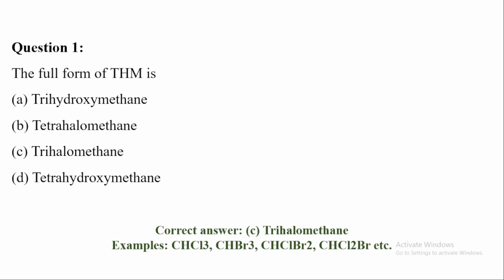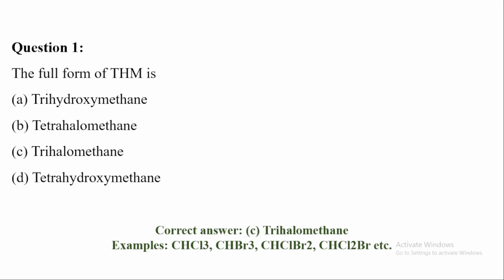Then it can be a hybrid also, with one kind of halogen and 2 of another kind. CHClBr2 is dibromo monochloro methane, so you have 1 chlorine and 2 bromine in place of 3 hydrogens. It can be vice versa also, 2 chlorine atoms and 1 bromine atom. So, these are trihalomethanes, and it is abbreviated as THM. Okay. So, moving to the next question.